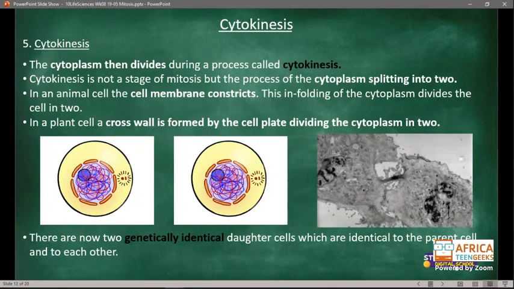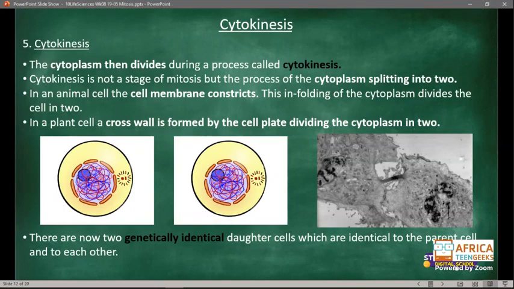So that is when we see our chromosomes. Then we have metaphase. In this phase, the chromosomes line up in the middle or at the equator of the cell.